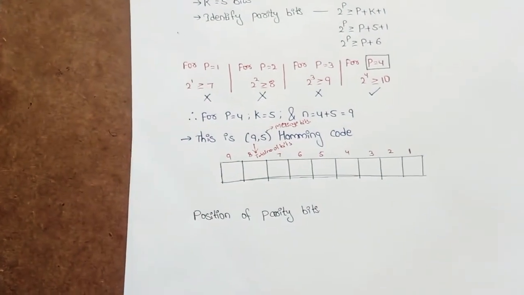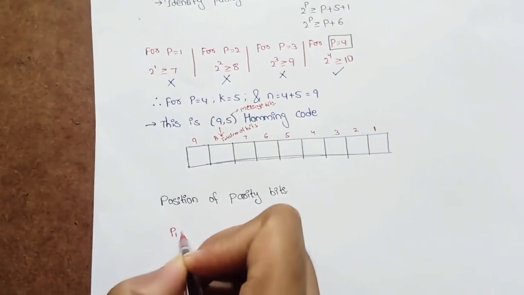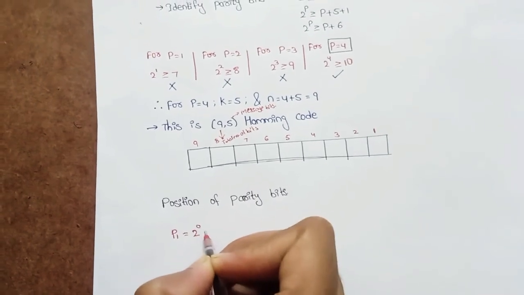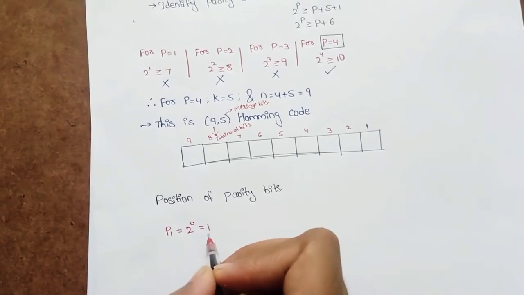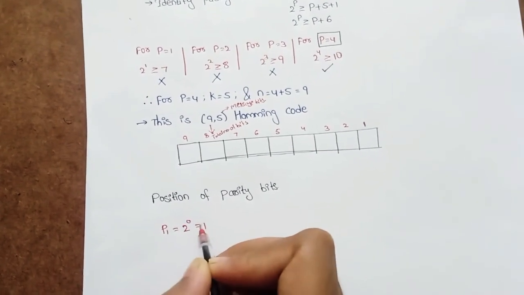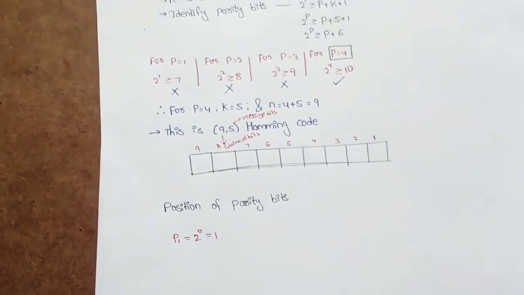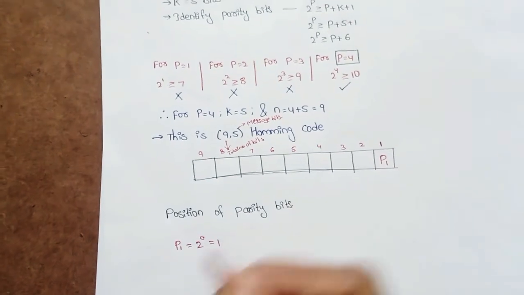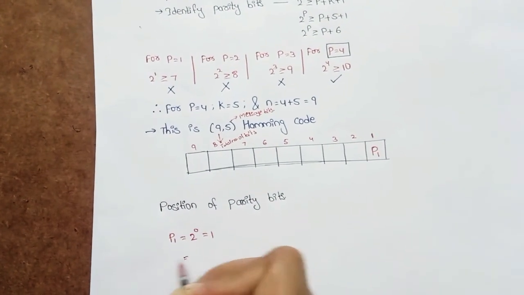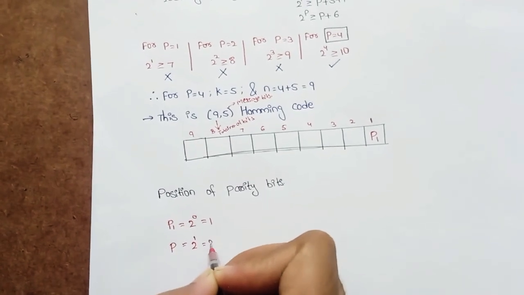As we can calculate, p1 is equals to 2 power 0, that means 1. We are having the first parity bit at the position 1, that is p1. Next one, 2 power 1, that is 2.